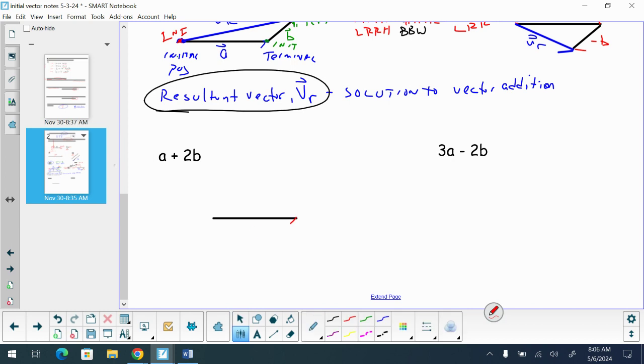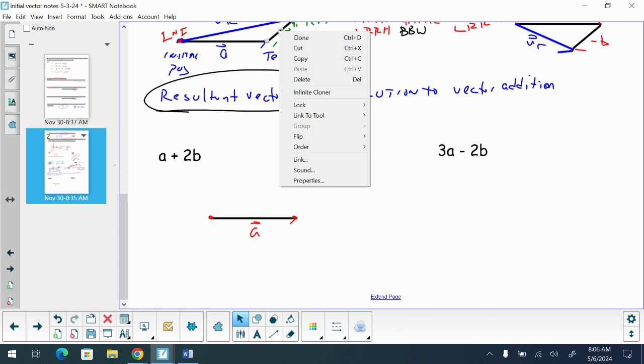So this is our A. We start here. I travel A. Where I stop my A, I then start my B's. Now we need to go 2 of the B's in the positive direction. So we're not changing the direction here. So draw in your 2 B's.